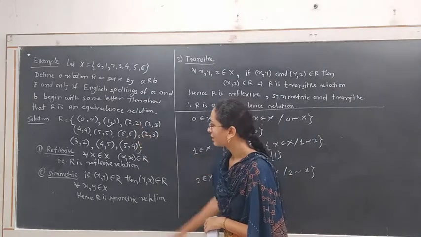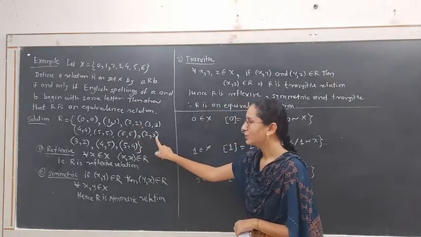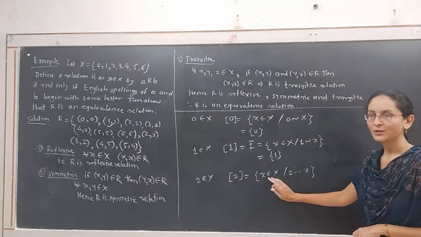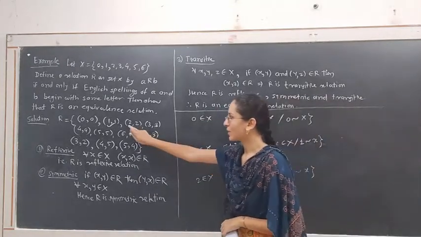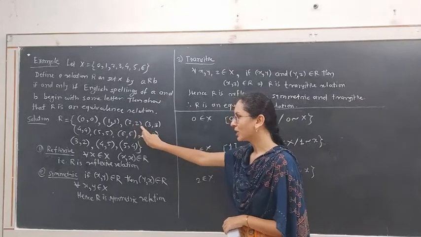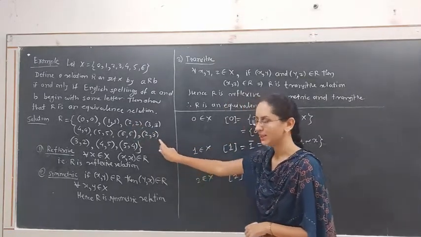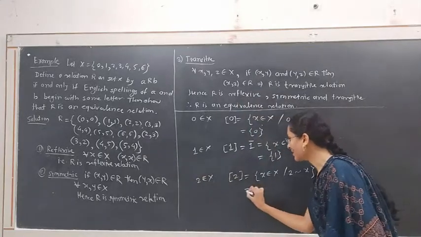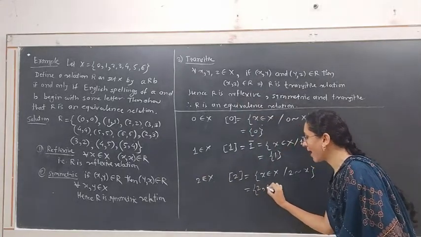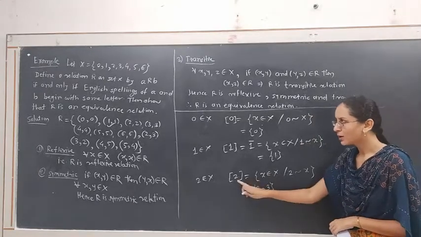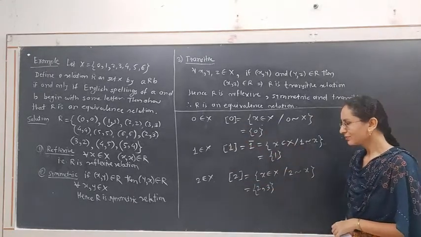In the next pair, 2 is related to 3. Hence there are 2 values of X. The first value is 2, because 2 is related to 2, and in the next ordered pair 2 is related to 3. Hence this set contains 2 elements, 2 and 3, because these 2 elements are related to 2 under this relation.